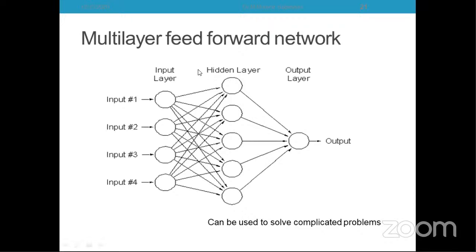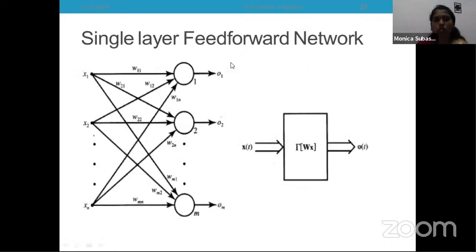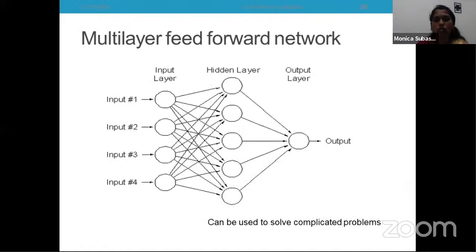That's why we perform simple classification problems with the help of single layer networks. Whereas for complicated problems, for example back propagation networks, if you want to apply the back propagation algorithm, definitely you have to move on with multi-layer feed-forward networks, so a hidden layer has to be included.